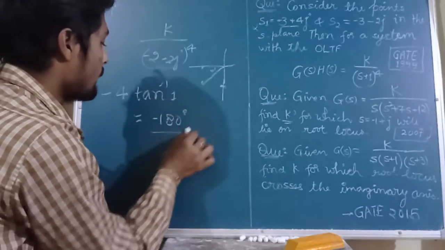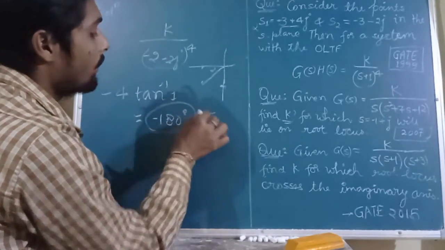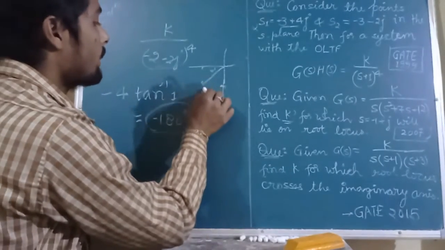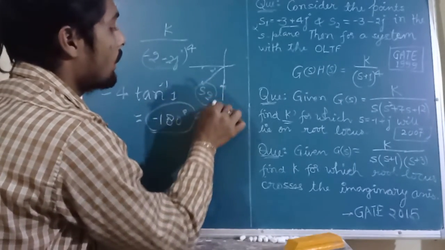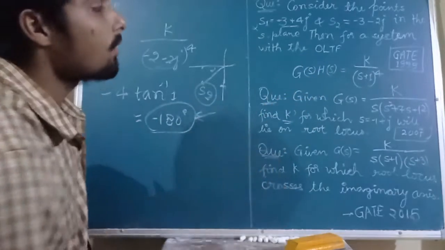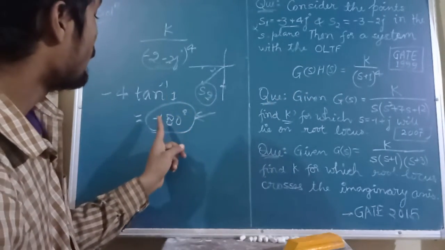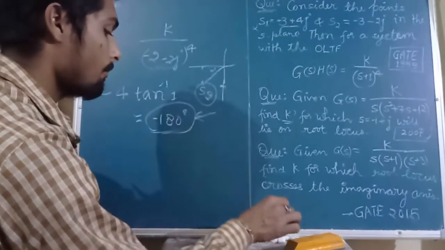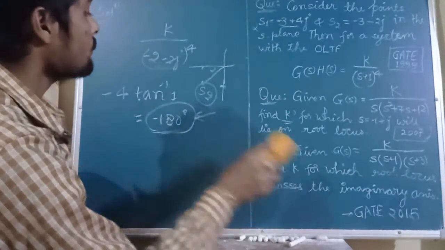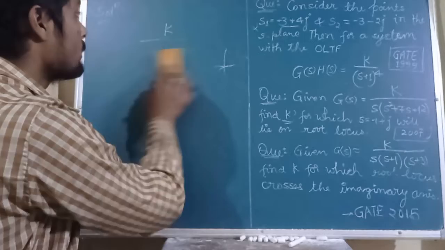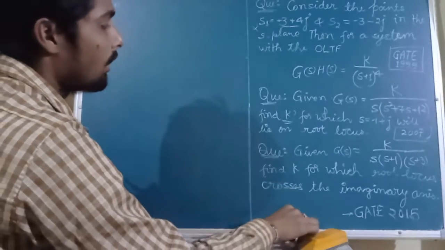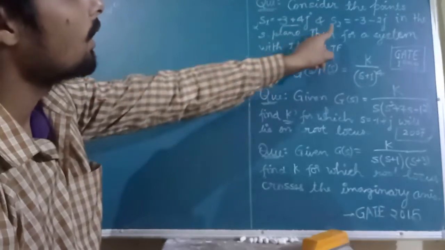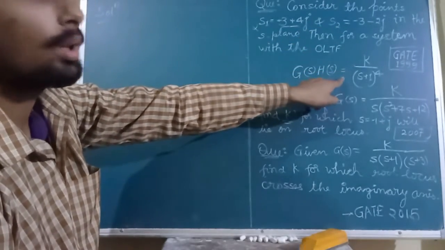Alright, this is how we can now surely say that this point, that is S2, will lie on this root locus, since we are getting the angle equal to the required angle, that is minus 180 degree. Hope you are getting. This is how we have solved the first problem, that is the point S1 is not lying on the root locus while S2 is lying on the root locus.